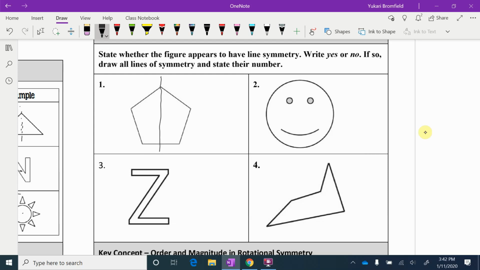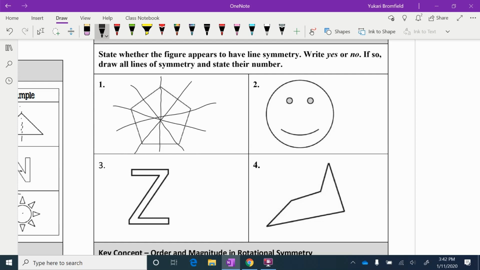And the same thing goes for this line here, this line here, and that line there, and that line, right? So every one of those lines are going to, if you fold it along that line, then you would have the same shape.